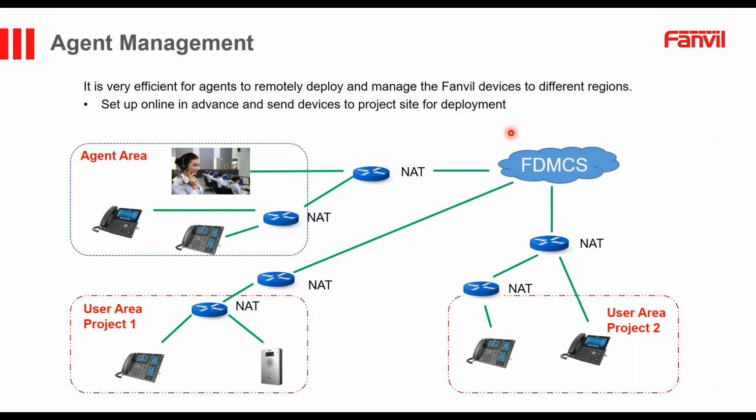You can do that in advance and configure it remotely, so that once they deploy and send it out, those phones or devices pop up in the configuration that you want.